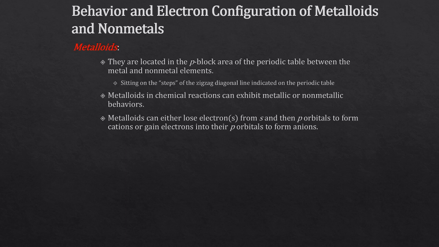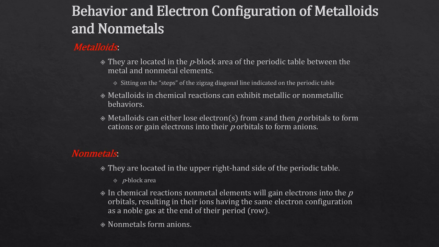So when metalloids behave like metals, they lose electrons. On the other hand, if they behave like nonmetals, nonmetals tend to gain electrons. So it's possible for metalloids to form either cations, which are things that have lost electrons, or anions, things that have gained electrons.